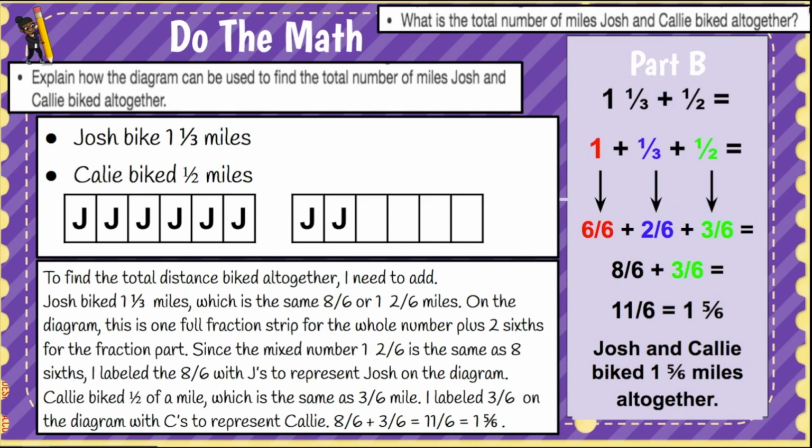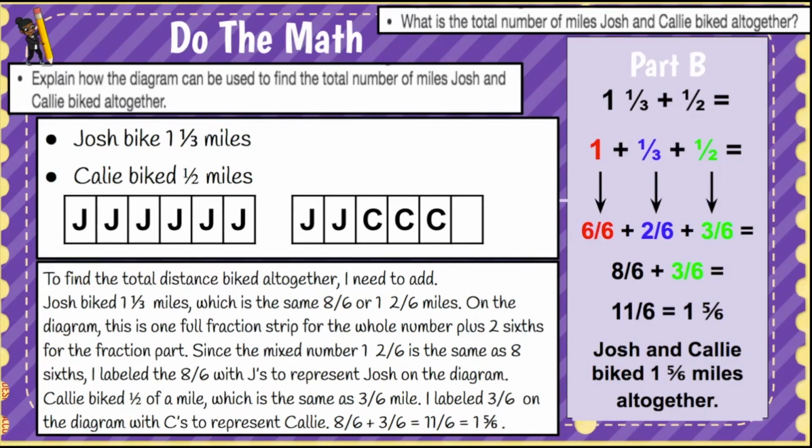Callie biked 1/2 of a mile, which is the same as 3/6 mile. I labeled 3/6 on the diagram with C's to represent Callie. 8/6 plus 3/6 equals 11/6, and that's equivalent to 1 5/6.